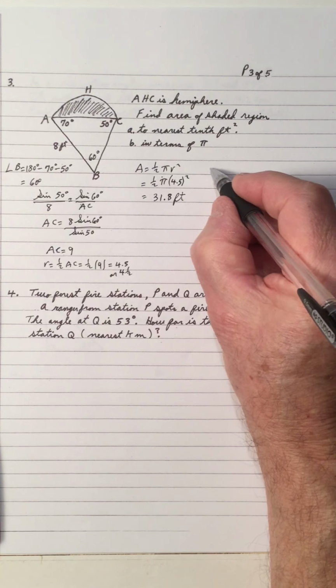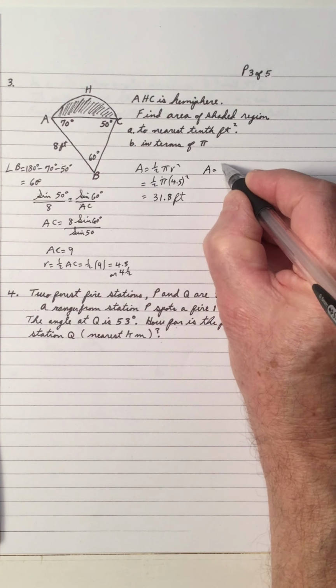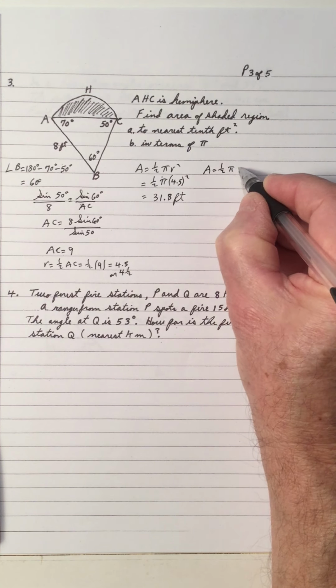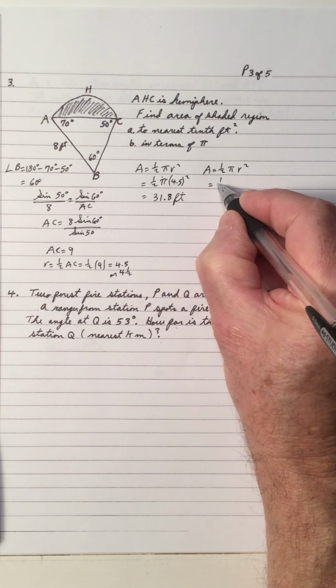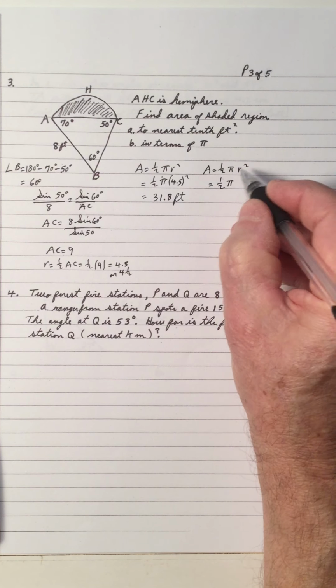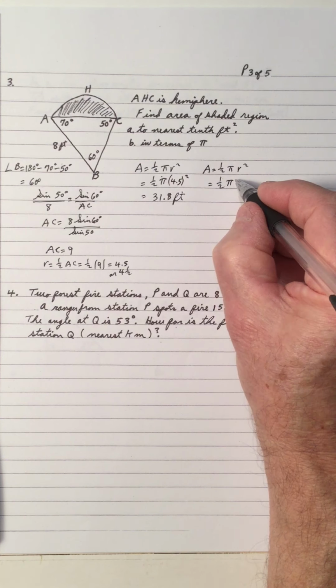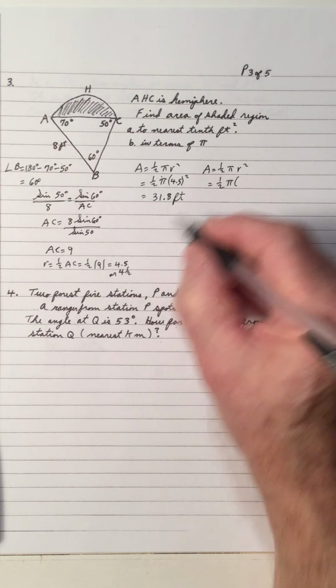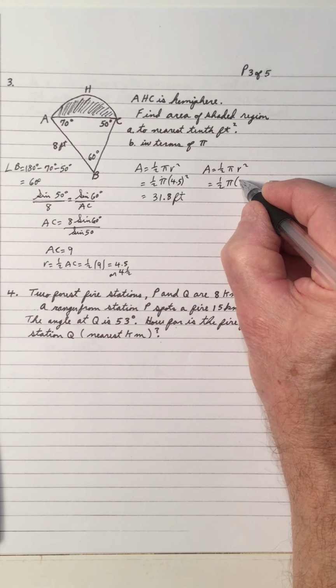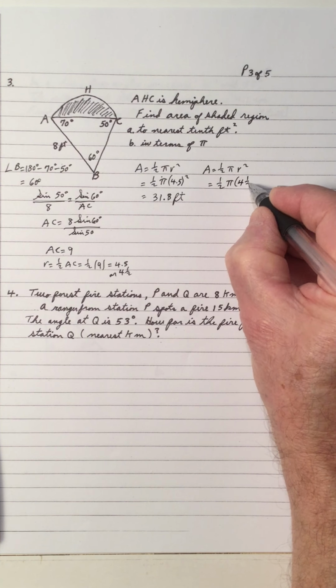But what if we want the area in terms of pi? So the area is a half pi r squared. We want it in terms of pi, so we leave pi here. The radius is 4.5, or we could say 4 1/2, or 9 over 2 as a fraction.